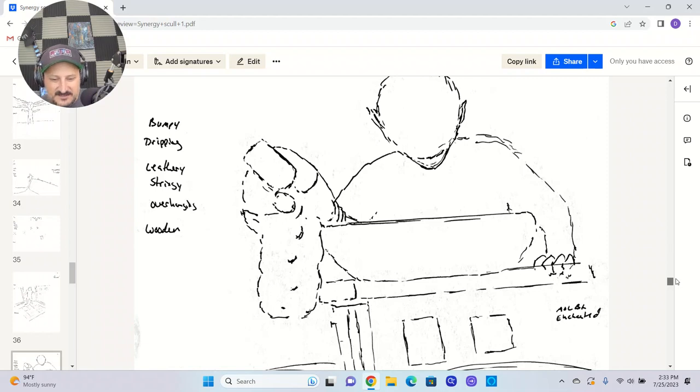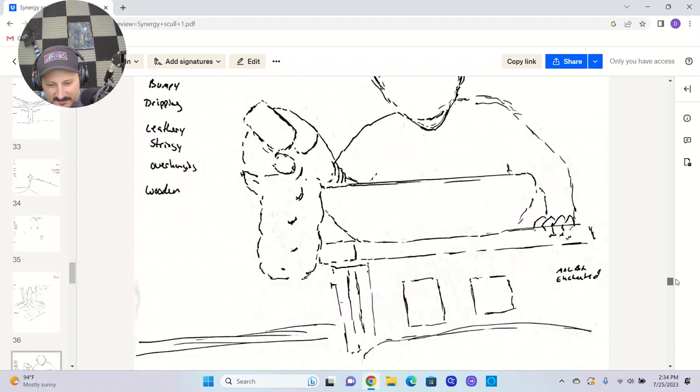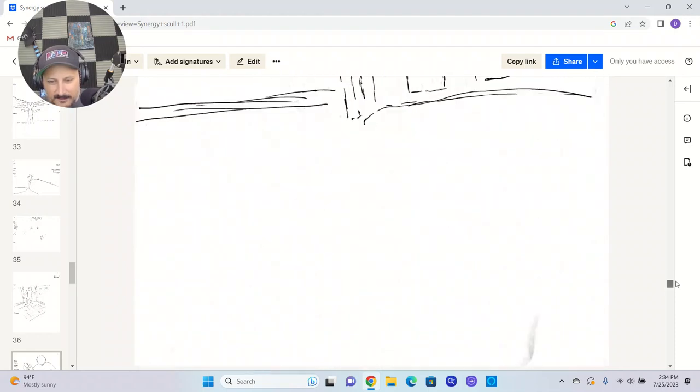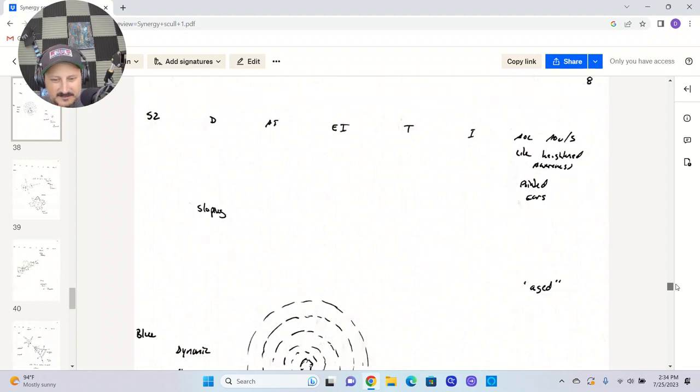I can tell you what this picture says to me. It reminds me of a guy scrying or something, looking into a bowl. He's got something in his hand on the table. Let's get back to the Matrix.